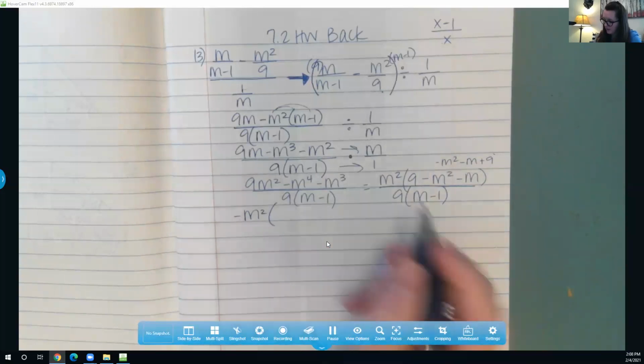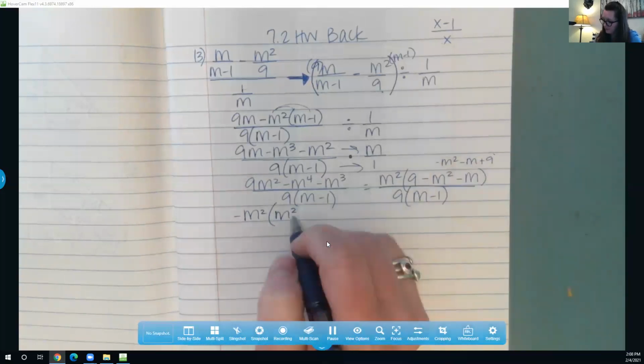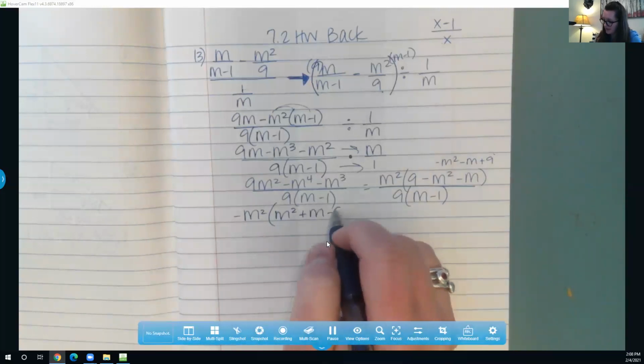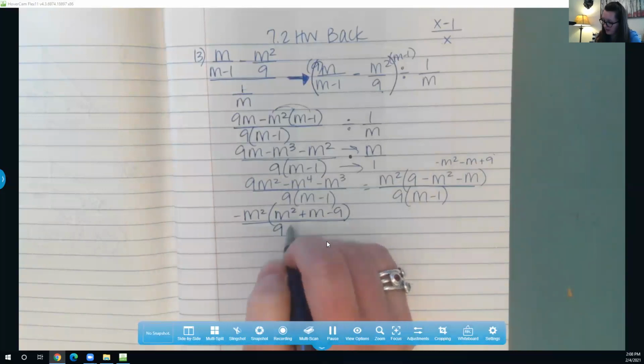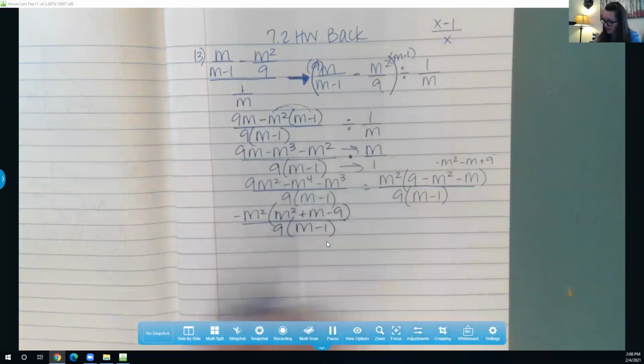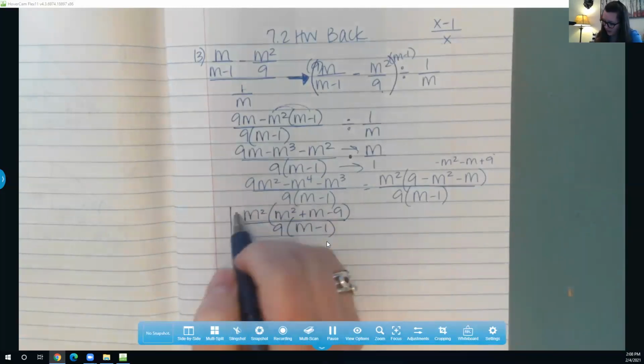Using my algebra skills. So this is negative, m squared plus m minus 9, divided by 9 times m minus 1. Okay, so now I'm thinking, can I factor m squared plus m minus 9? Does anything multiply to 9 that adds to get 1? Nope, 3 and 3 and 9. So this is your answer right here, okay?